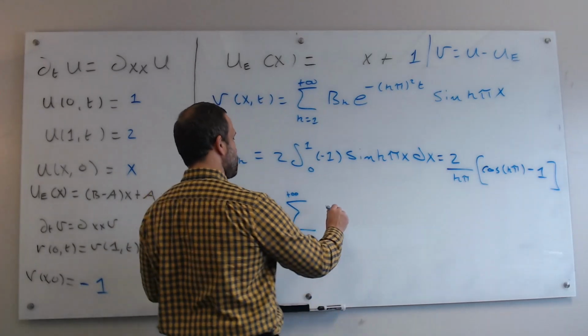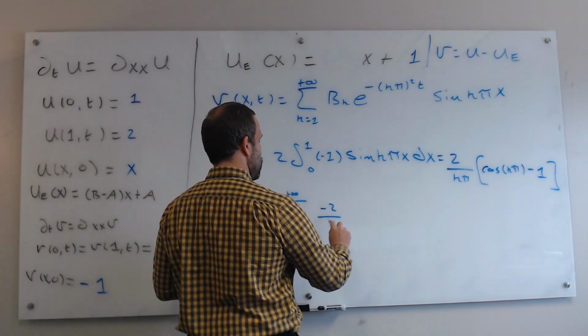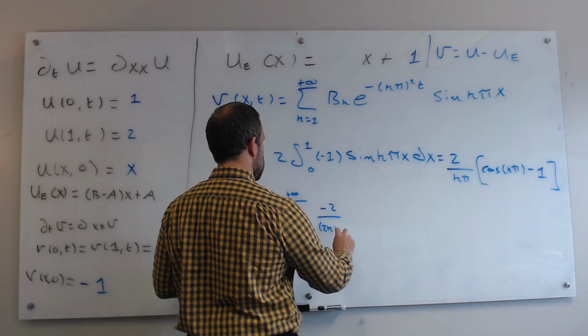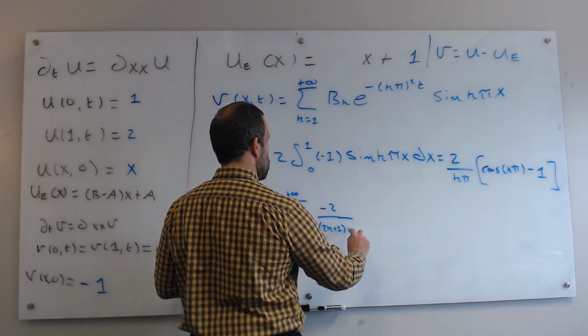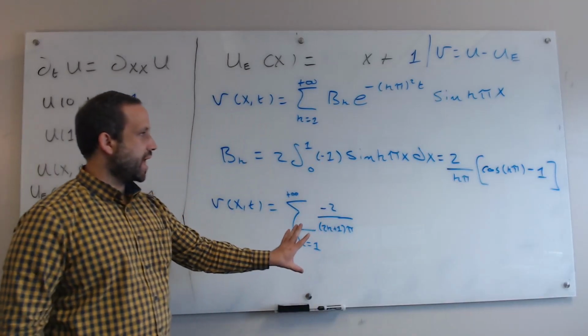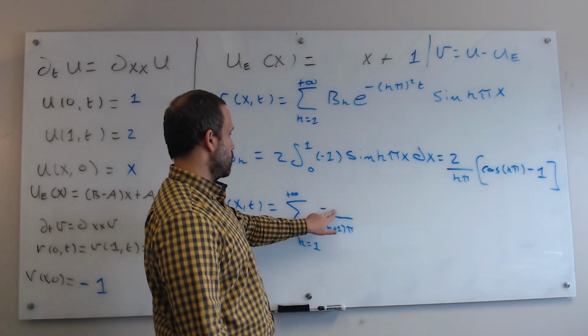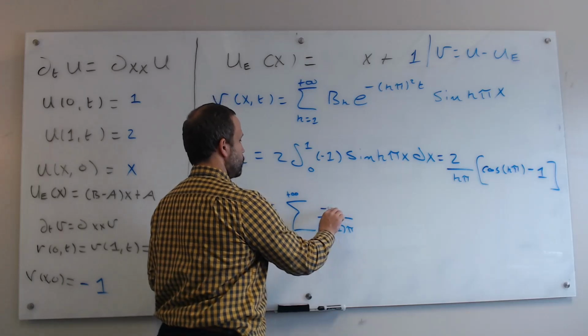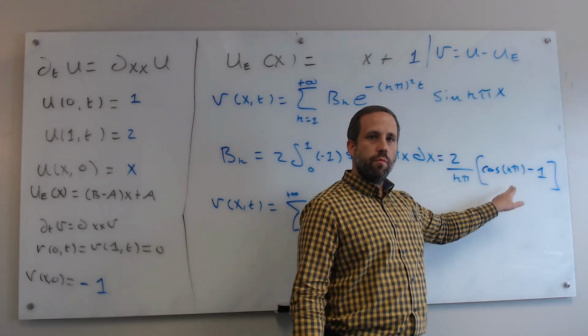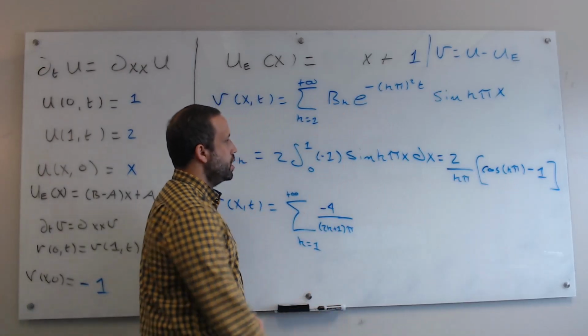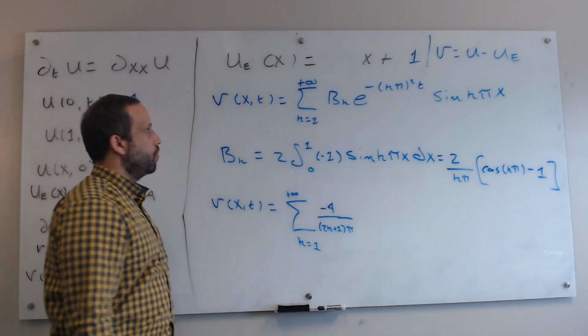So we're going to have minus 2 over 2k plus 1 times pi, so that's just b_k, minus 4. And the reason is if k is odd, this is minus 1, so minus 1 minus 1 is minus 2. You multiply by that 2, you get minus 4.